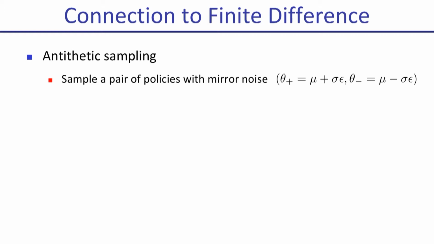So basically, that means if we have some random normal noise epsilon, then we can draw one sample that we call theta plus, and then we can draw the negative of that, called theta minus. And if we always draw a sample like this, we end up with the same expectation, because both of them are random samples from the same distribution.